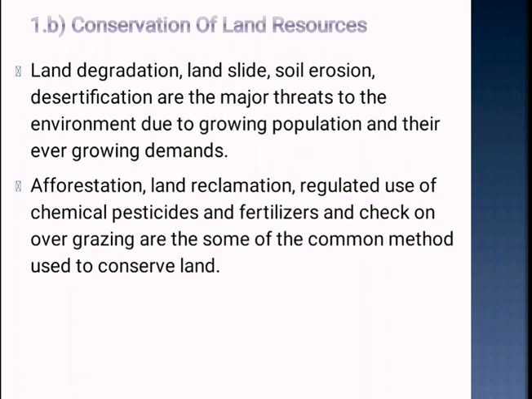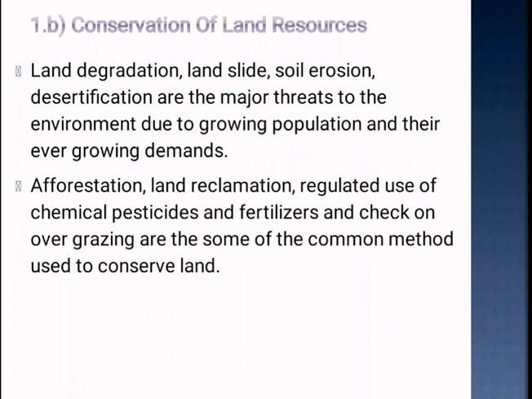But we are not aware of what is happening to the soil or what is happening to the earth. The natural resources will perish. So we need to conserve them for future generations. Afforestation, land reclamation, regulated use of chemical pesticides and fertilizers, and check of overgrazing are some of the common methods used to conserve land.